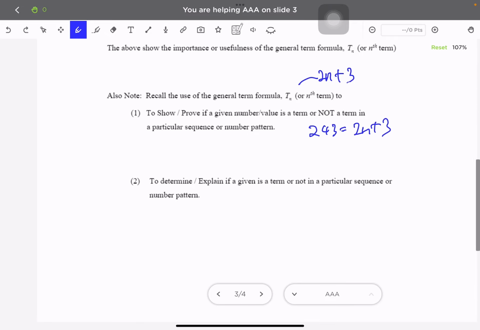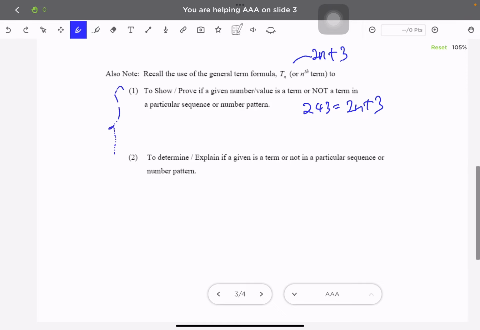Question part 2, to determine or explain if a given term is or is not in a particular sequence or number pattern. Same thing like what I said, just need to equate to the n term of the sequence, then solve for n. For this kind of question, just use the number that is given to you, if the Tn is given to you. Let's say it is 2n plus 3.